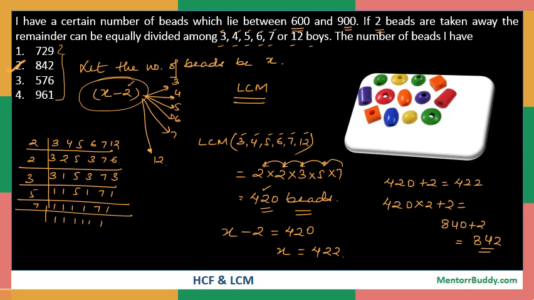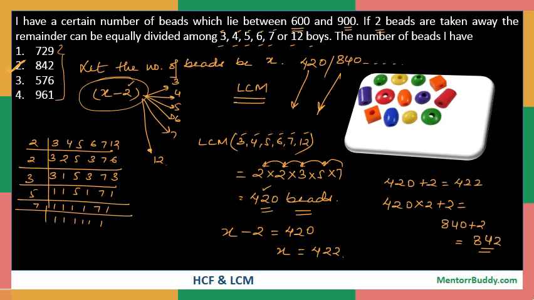So if the value around the LCM is not available in the options, do not get worried, because if 420 is a multiple of these values, multiples of 420 will also be multiples of these numbers.